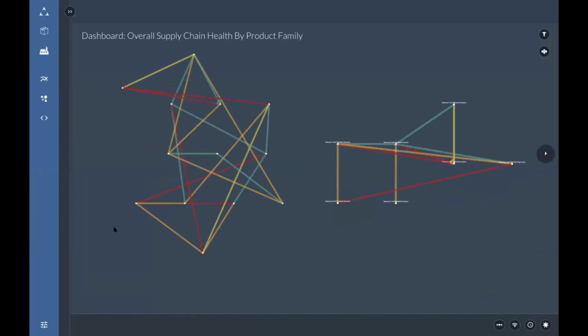Okay, so this is an example of some data visualizations that we have on a manufacturing supply chain. We're looking at bringing raw materials all the way through that supply chain to distribution centers as finished goods. Now, as Brian had mentioned, this is a planning process.